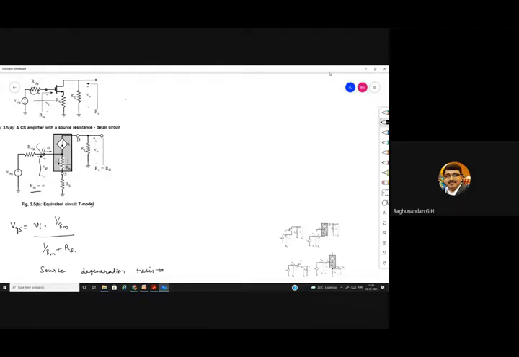It is called that because it acts as a negative feedback for the circuit, and this Rs can be used to reduce the gate to source voltage so that the nonlinear distortions will be avoided.